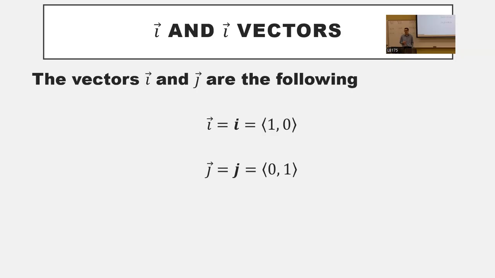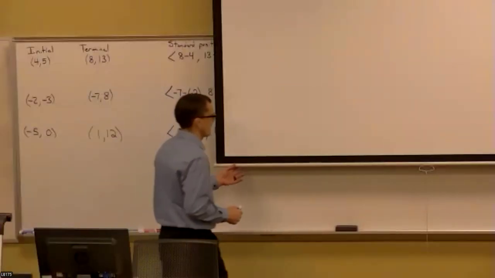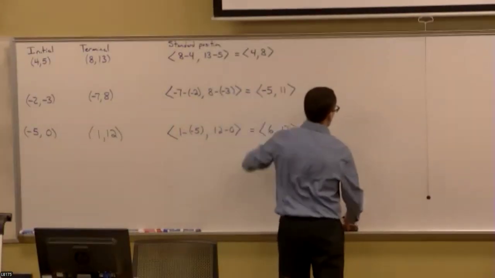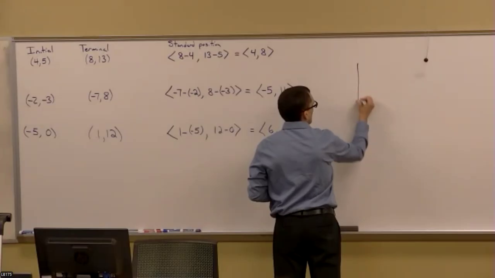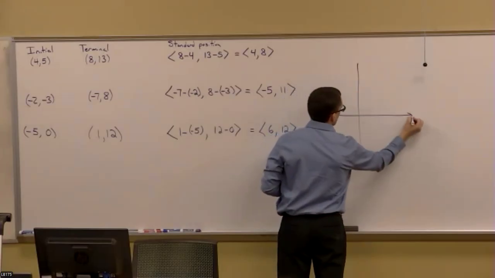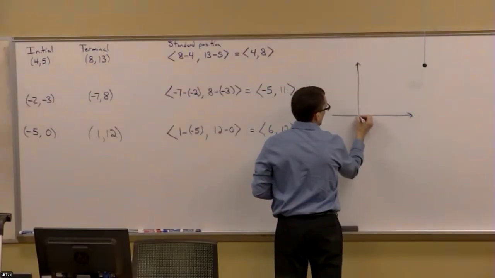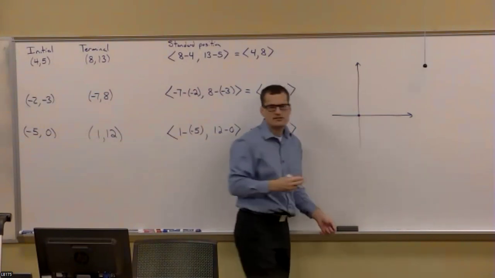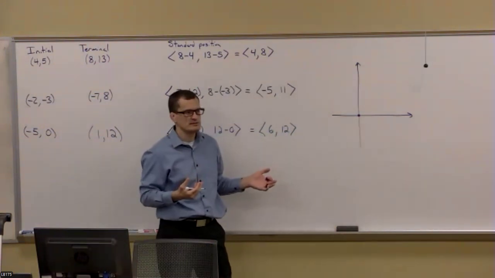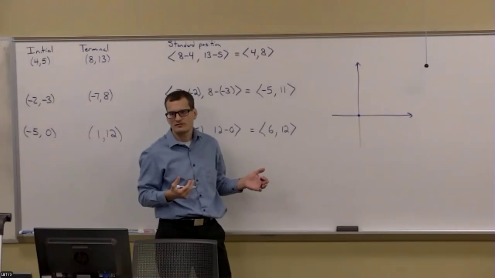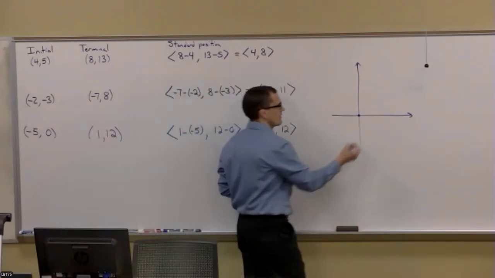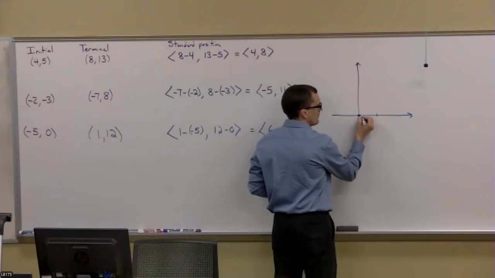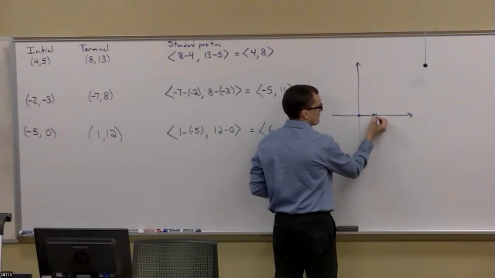By the way, if you think about what those vectors are in terms of the XY axis, the 0 vector is the one that just stays at the origin. i goes out 1 unit along the x-axis.